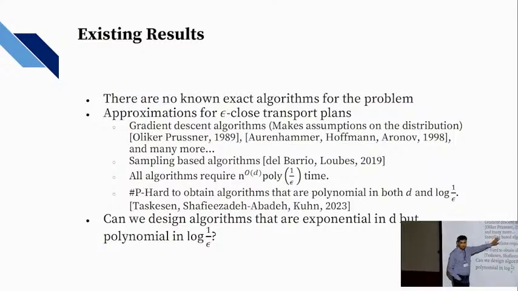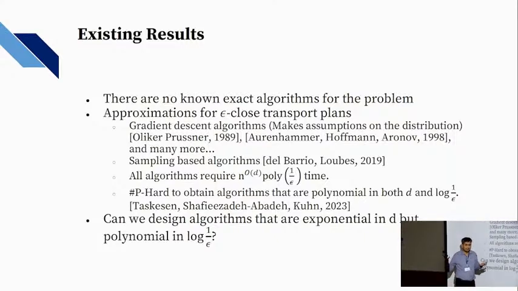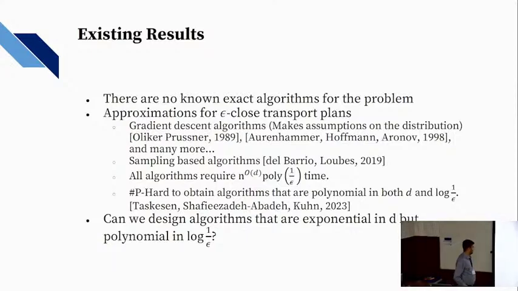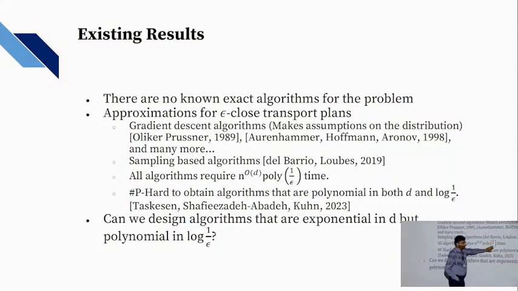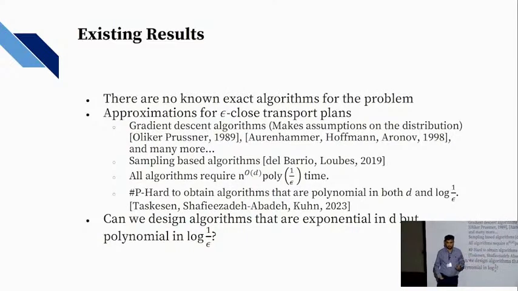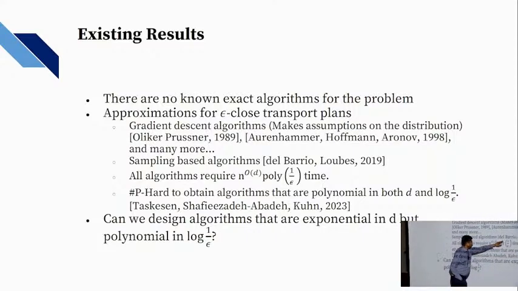Basically, you take a sufficiently large sample from the continuous distribution, treat it as a discrete distribution, and compute the discrete optimal transport between them. Even there, you get an epsilon-close transport plan, but the sample size is often polynomial in 1 over epsilon. So the running time typically turns out to be n to the O of d times poly 1 over epsilon.